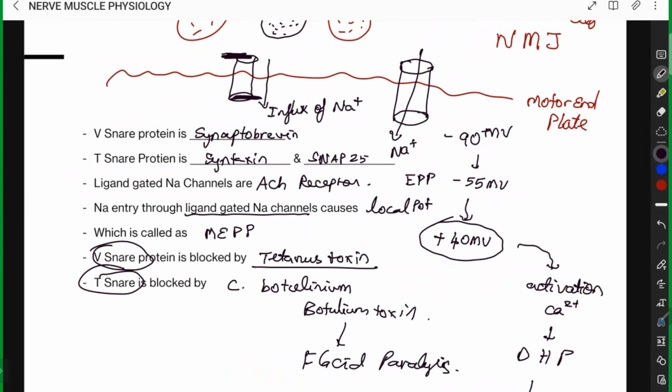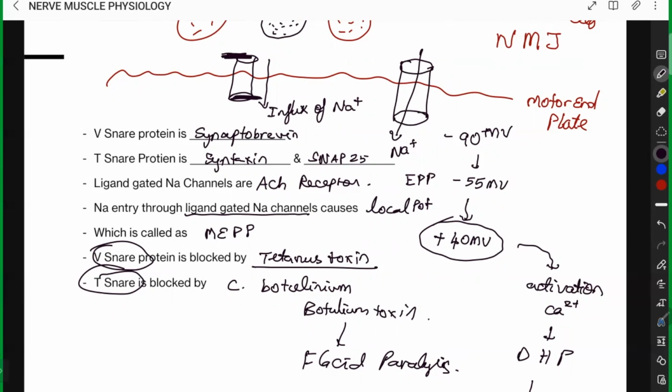T snare causes exocytosis. Remember, this is what you need to understand. V snare causes pushing of your acetylcholine vesicle towards your terminal button. Therefore, even when there is a blockage of your V snare, your T snare will be functional.